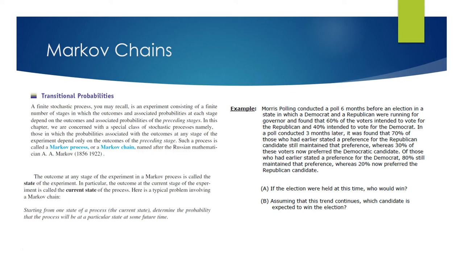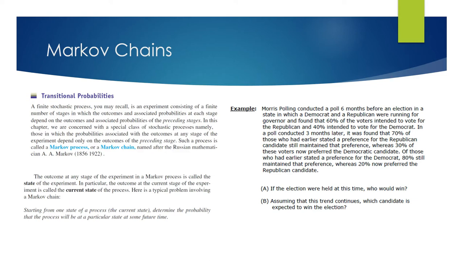Of those who had earlier stated a preference for the Democrat, 80% still maintained that preference, whereas 20% now preferred the Republican candidate. You're asked two questions here. If the election were held at this time, who would win? And assuming that this trend continues, which candidate is expected to win the election?